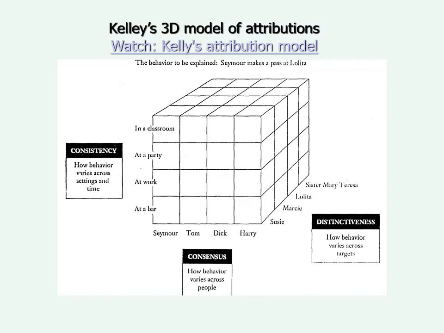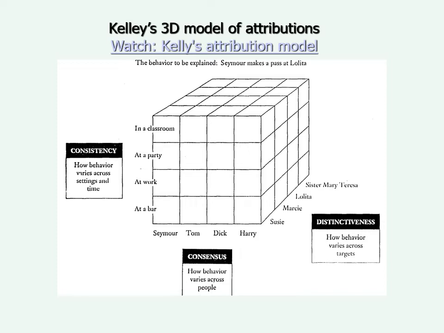Another way to represent this model is like a three-dimensional representation of causality. So, for example, Seymour makes a pass at Lolita. This is the behavior you're trying to explain. And these are the three dimensions you seek observations on. Consistency, how this behavior varies across settings and time. So does Seymour behave that way in a classroom, at a party, at work, at a bar, or not? Consensus is how it varies across people.